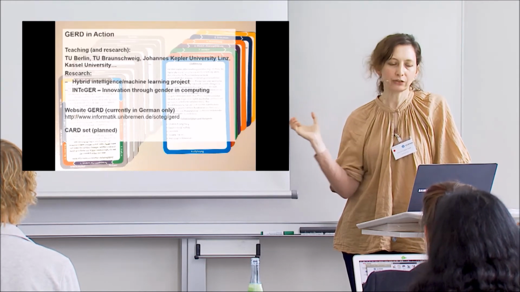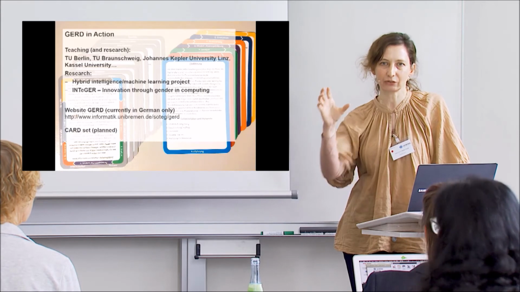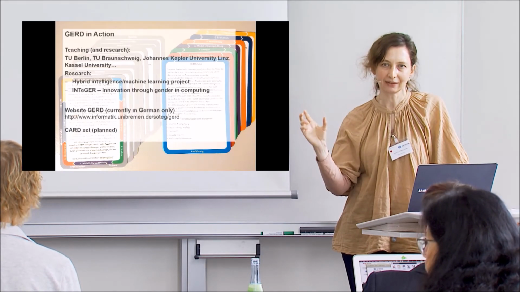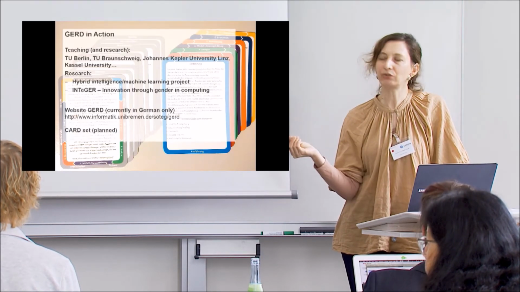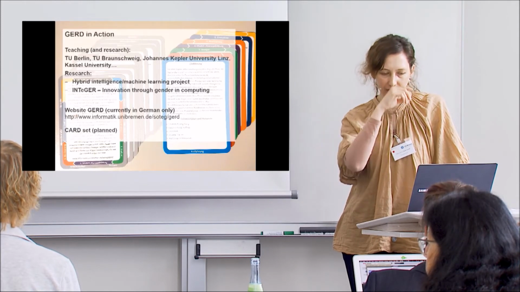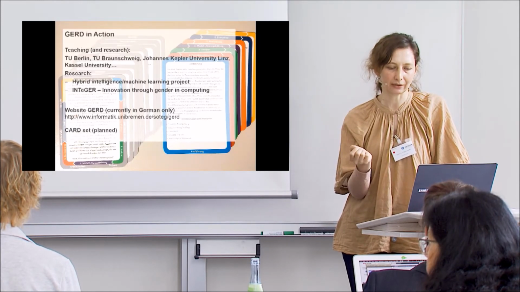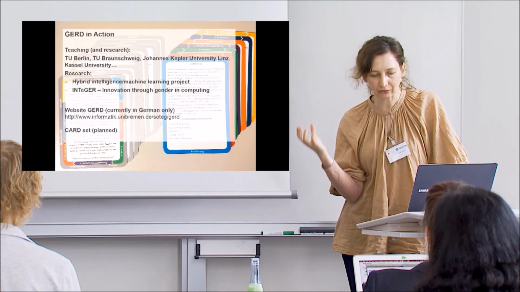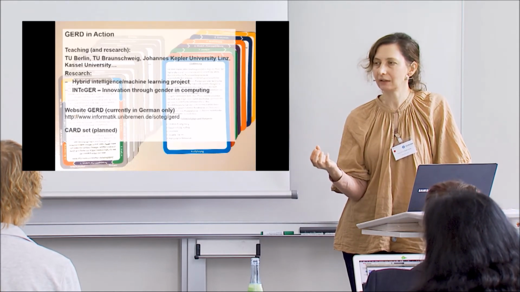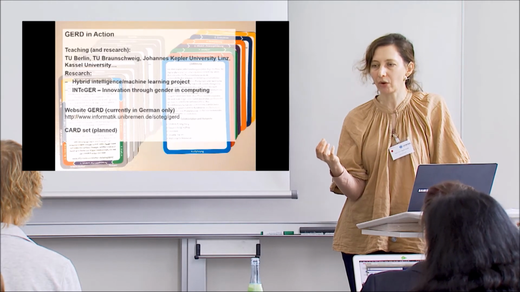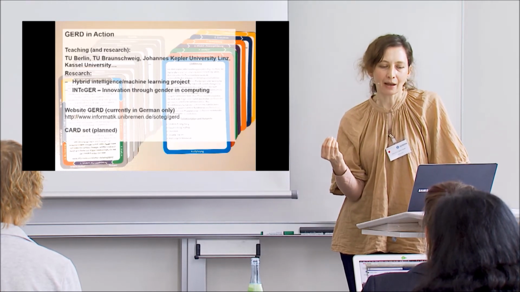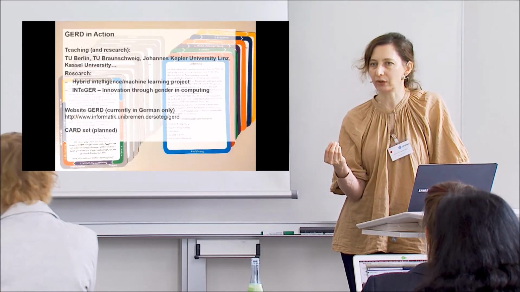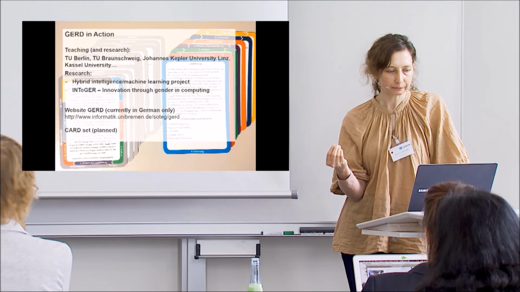So what we are trying to do with the GERD model is find this missing link to translate and connect fields that are otherwise not as easily connected. The GERD model is meant as a tool for translation, to highlight interdisciplinary work, and of course it's by no means meant as a substitute for interdisciplinary work projects.